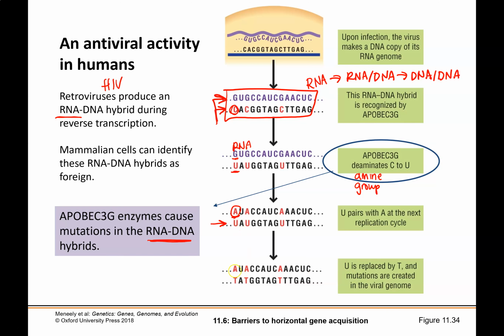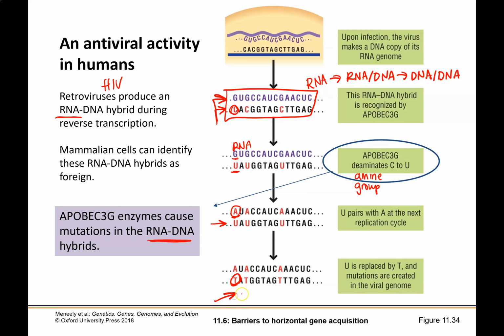The U that was incorporated turned into an A on the complement, and then when it is replicated again, it introduced a T. And so basically you get this flip-flop of nitrogenous bases that now have mutations.